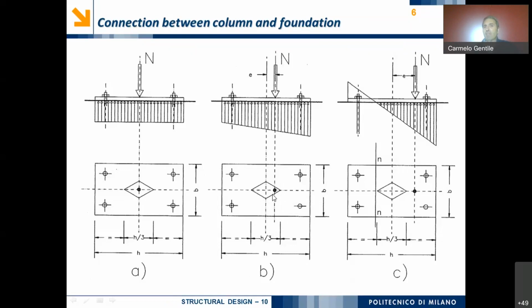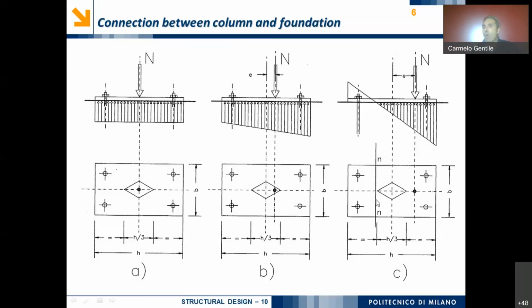If the eccentricity exceeds h/6, then we will have a quite high bending moment. The quite high bending moment is still equal to the product between the axial force and the eccentricity.